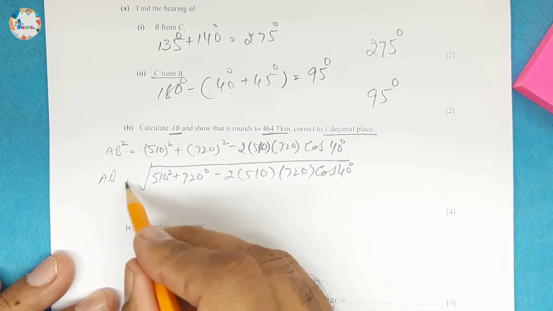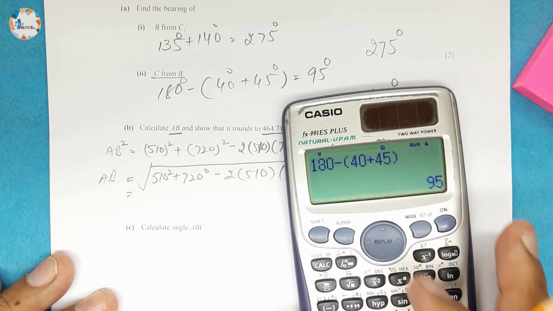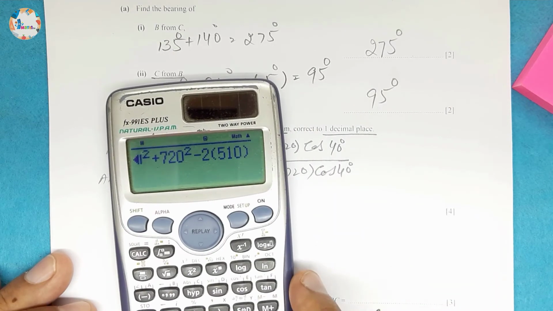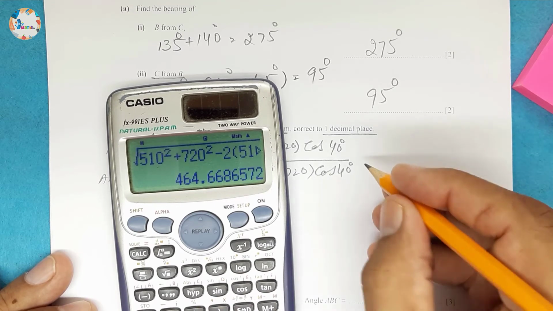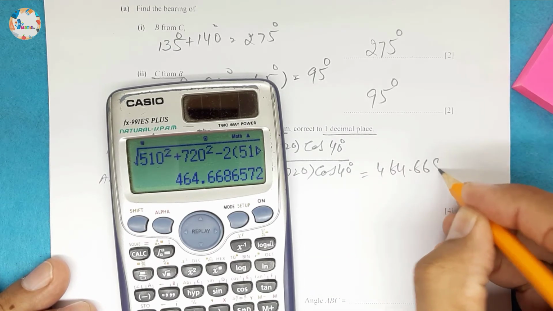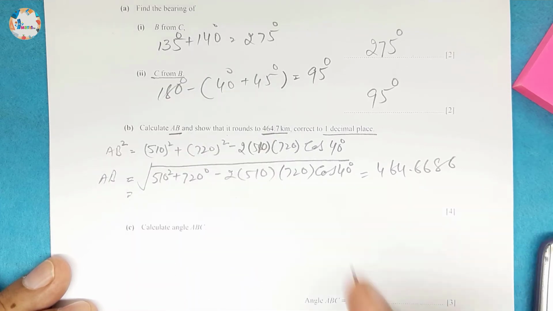Now we can find this with the help of a calculator: root of 510 squared plus 720 squared minus 2 into 510 into 720 and cos of 40 degrees, and this results in 464.6686.